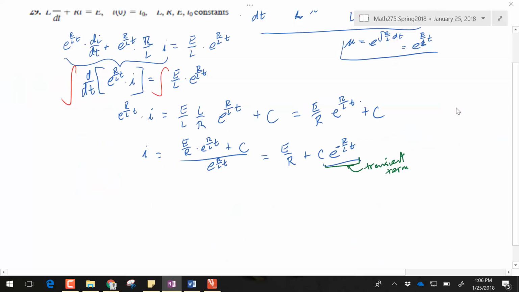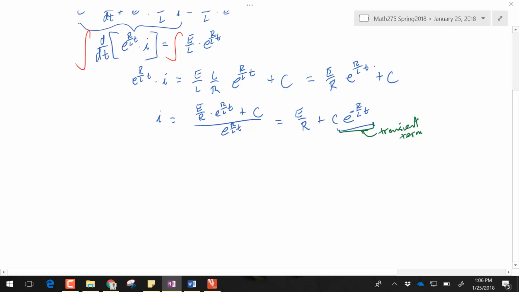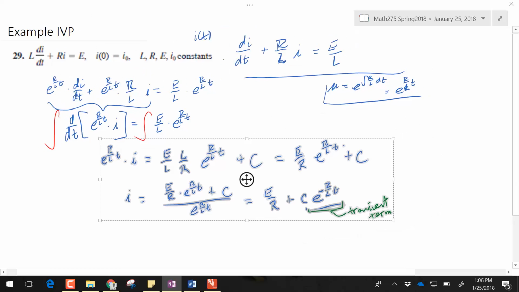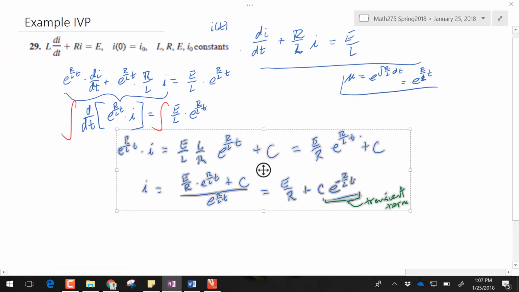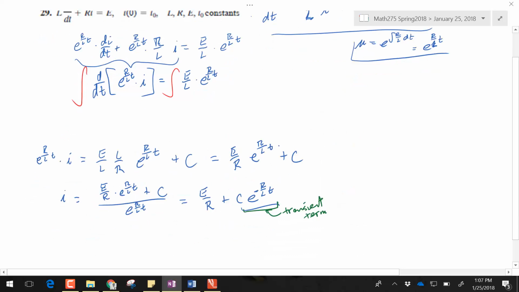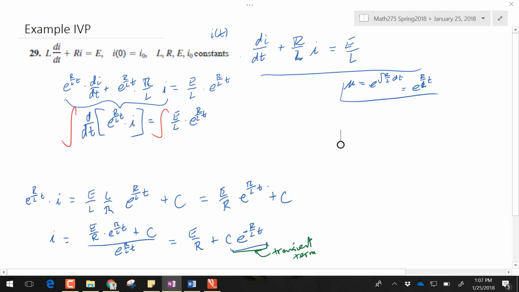Oh, I didn't resize my paper. Not gonna look good in the notes.